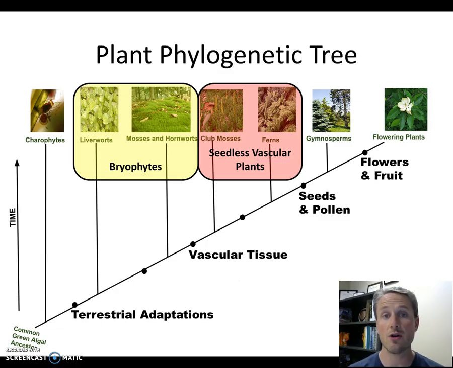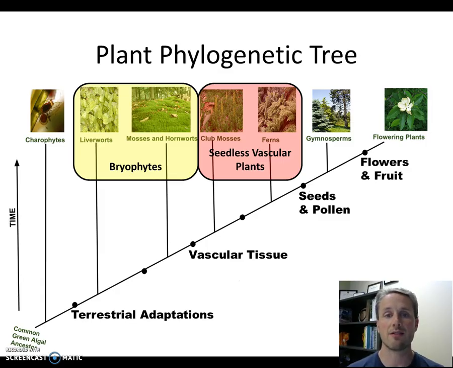Flowers and fruit also aided in reproduction for these plants, and flowers and fruit can be credited with much of the diversity and dispersal of angiosperms that we see around us. Angiosperms are by far the most successful plants, and it's because they have all of these traits, flowers and fruit, seeds and pollen, vascular tissue, and all the terrestrial adaptations, that they are so successful, and they're by far the most dominant plant life form on Earth.